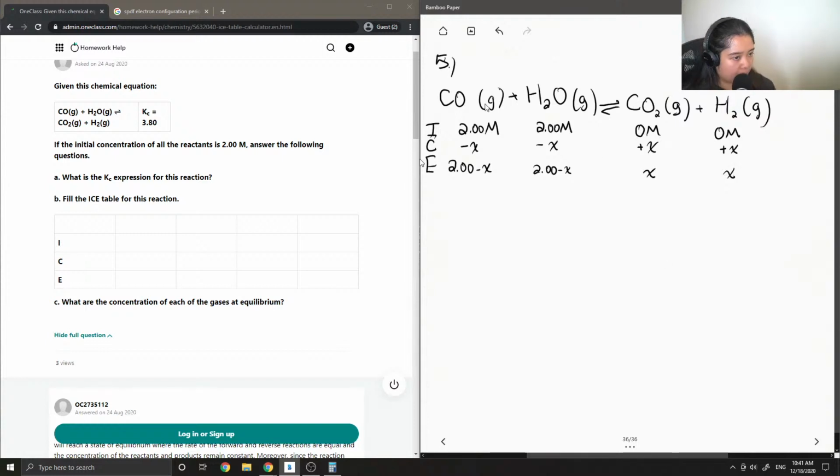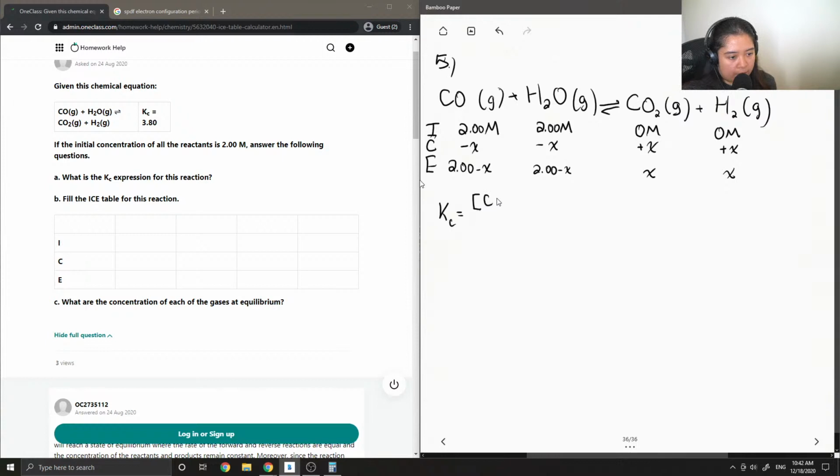Okay, so now I'll write down the expression of Kc, which is our equilibrium constant, concentration constant.